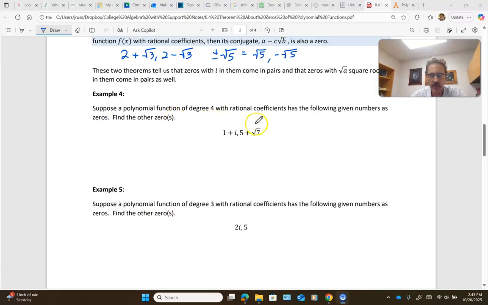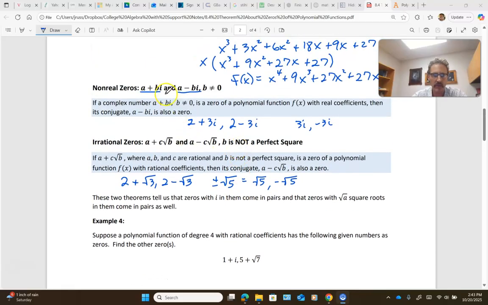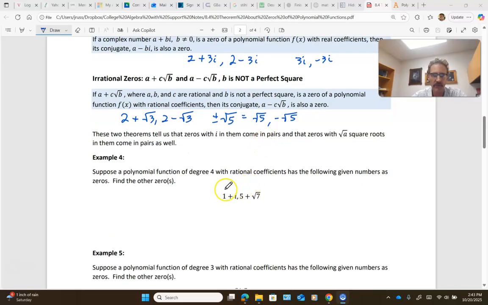It lists 2 of them, and look at the nature of these. One is non-real, and the other one is irrational. There's only 2, but this is a 4th degree polynomial, so we know there are 2 more zeros. They don't tell us because we're going to use these theorems to figure out what the other 2 zeros are.